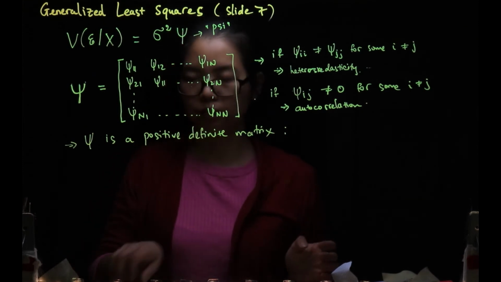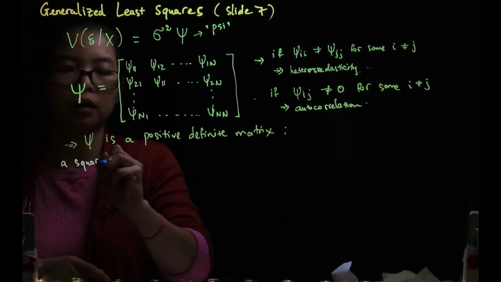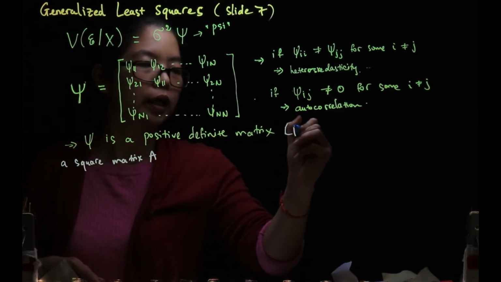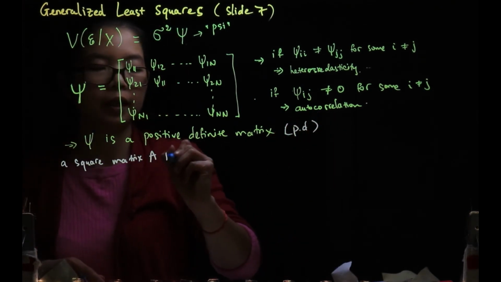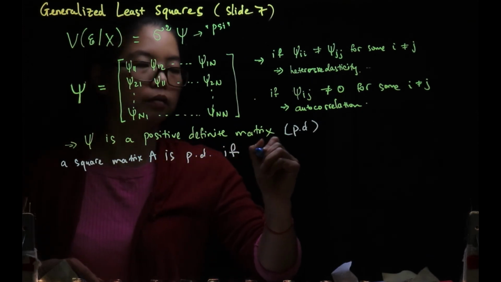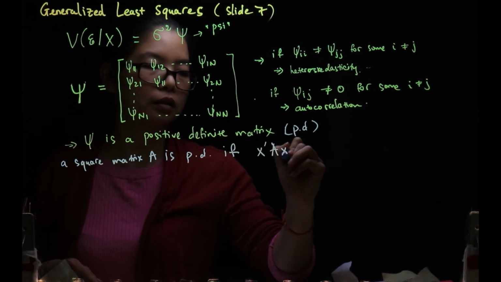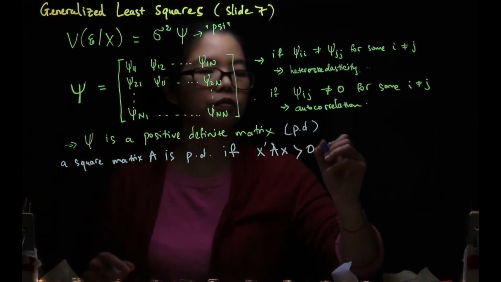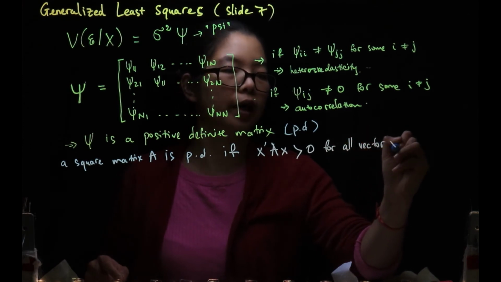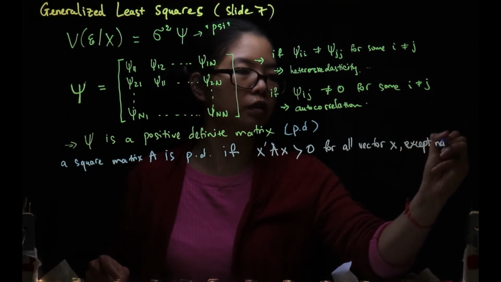A square matrix A, which I abbreviate as PD, is positive definite if x prime times A times x is larger than 0 for all vectors x except the null vector.